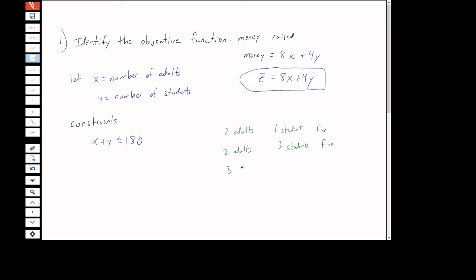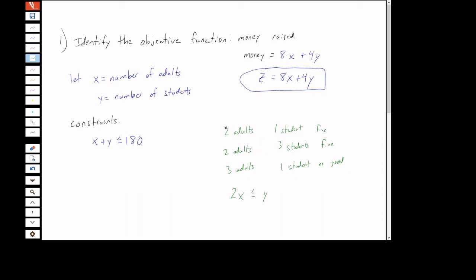Okay, 3 adults and 1 student is no good. So when I create my inequality, I want to make sure that it matches up with this. When it says for every 2 adults there must be at least 1 student, I think a natural inclination is to say, okay, 2 times adults, and 1 student, and it must be at least so we can have more, and we say, does this work?